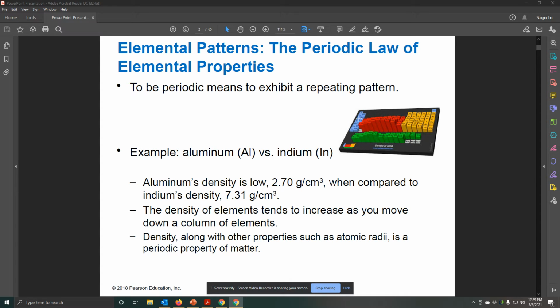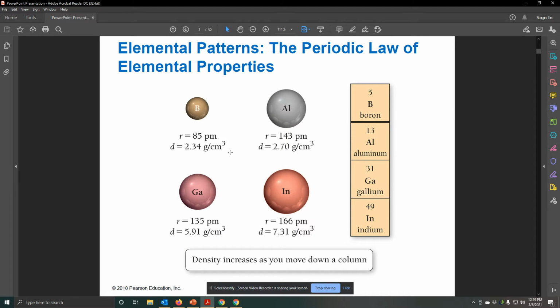So if you look at lithium and sodium, lithium will have a smaller atomic radius versus sodium, and sodium will have a higher density than lithium. So that's an example.